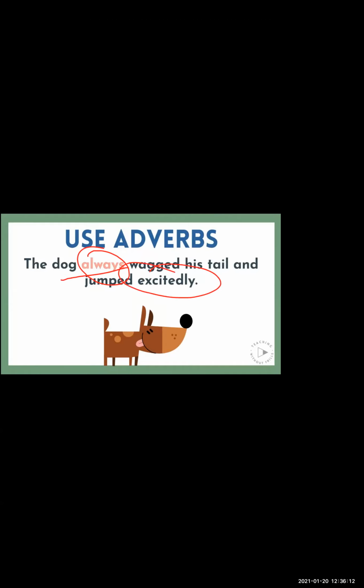When you show him the ball, he jumped excitedly. So that is why excitedly is an adverb over here. So these two adverbs I have added: always and excitedly. When he wagged his tail, always. And how? Excitedly. Okay.